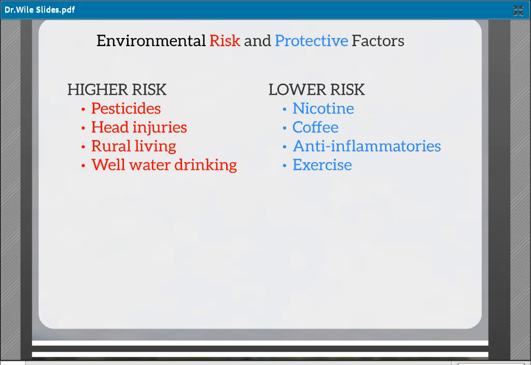Anti-inflammatories like ibuprofen and naproxen, if they're listed in those databases, were counted in this group of medications. And people who had higher cumulative exposures to those had slightly lower rates of developing Parkinson's disease.